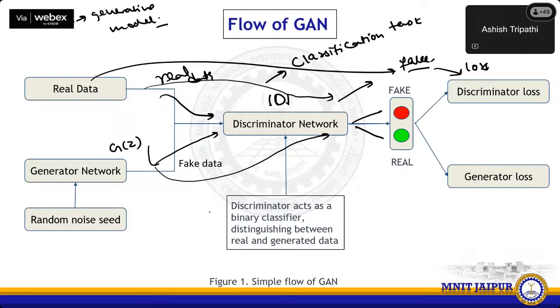So in a GAN, the discriminator D acts as a binary classifier, classifying between real and fake images. Its task is to take data from two sources, one from the real data and one from the generator, and accurately classify which data is coming from the real source and which from the generator.